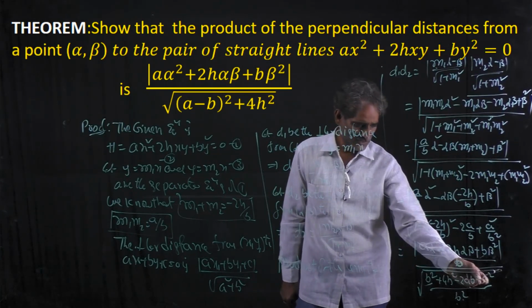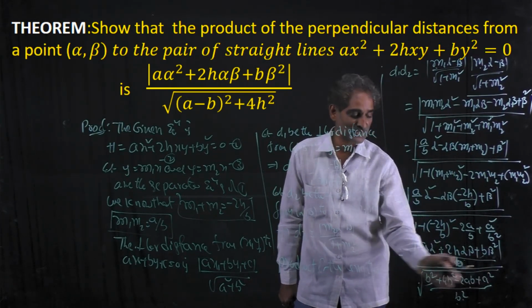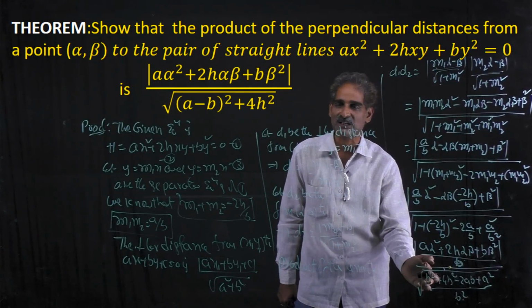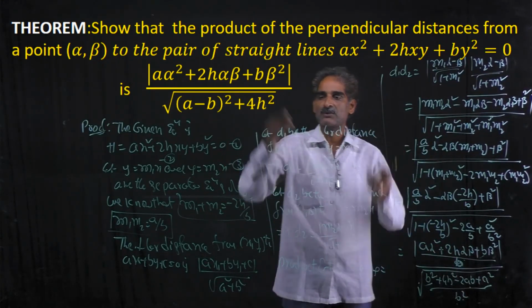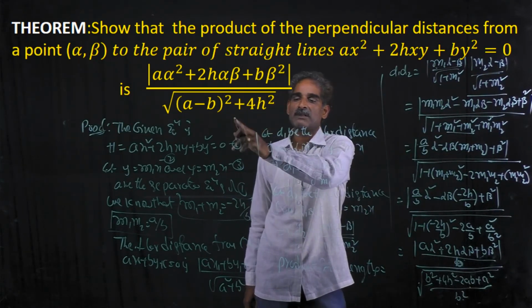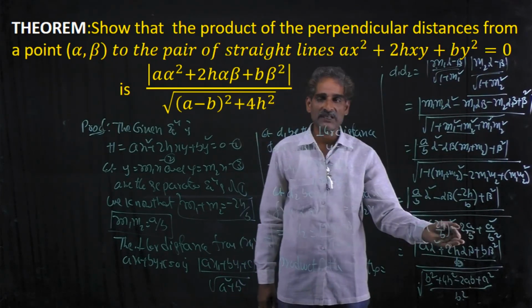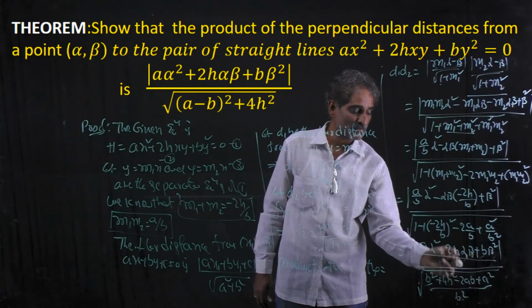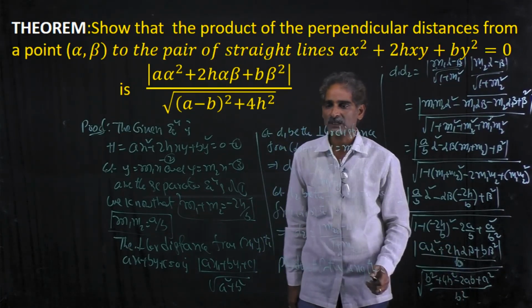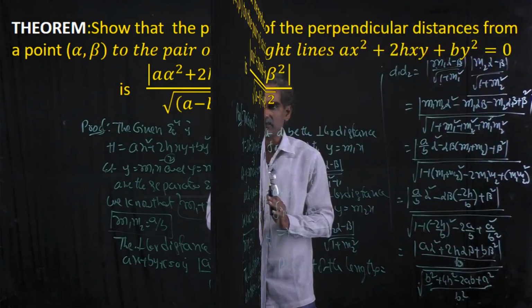Just write down the formula (a − b)² = a² − 2ab + b². That is the denominator part, and the numerator is already there. The b and the root of b² get cancelled. Okay, this theorem is very important. Understand?